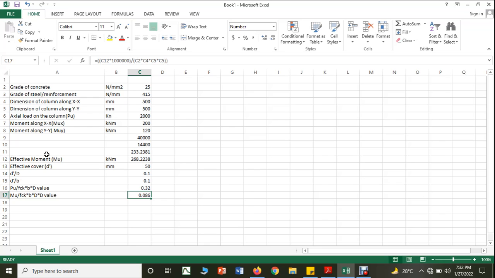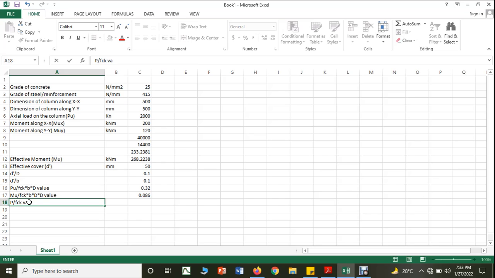Now from the d dash by D value, Pu by fck and Mu by fck bD square, considering equal reinforcement on all four sides, for a rectangular or square column, and taking fy as 415 grade of steel, if I go to chart 44 of SP16, I can get the p by fck value. My p by fck value from the graph is 0.05.